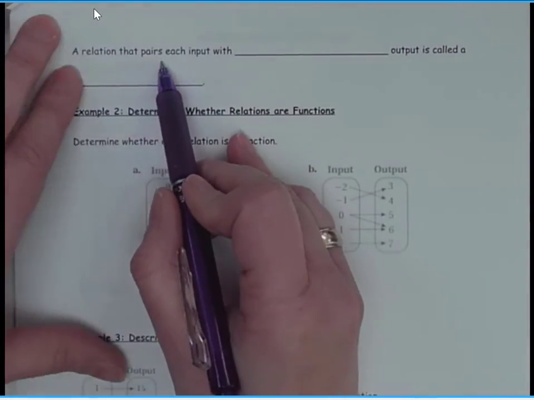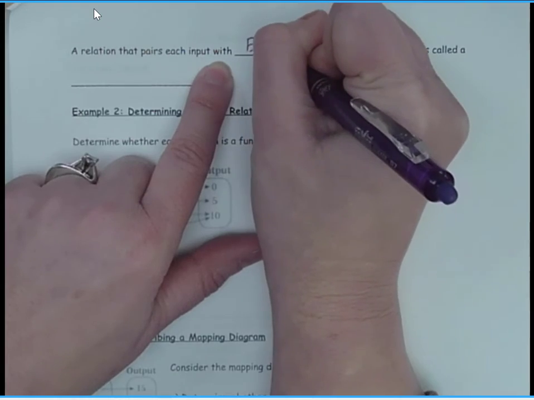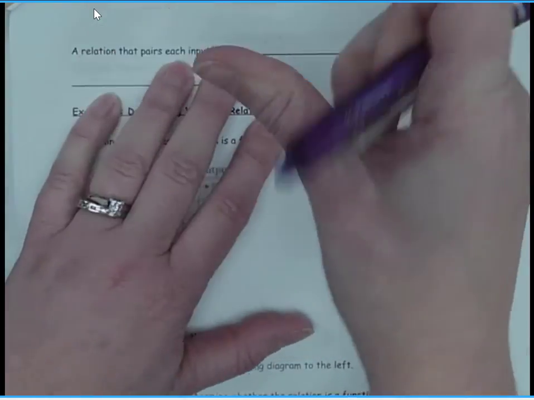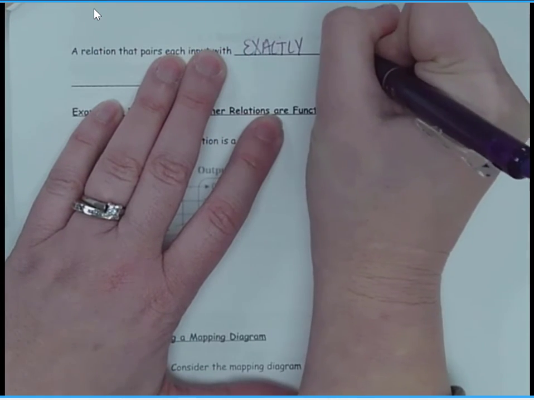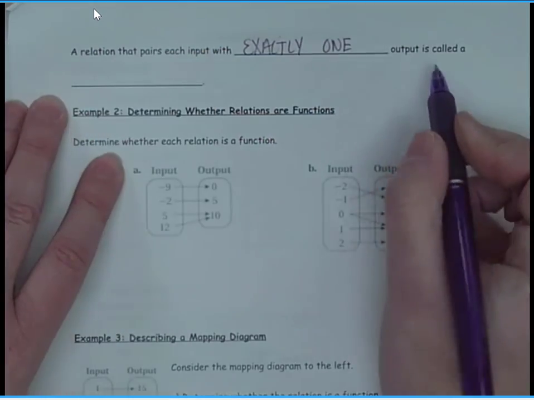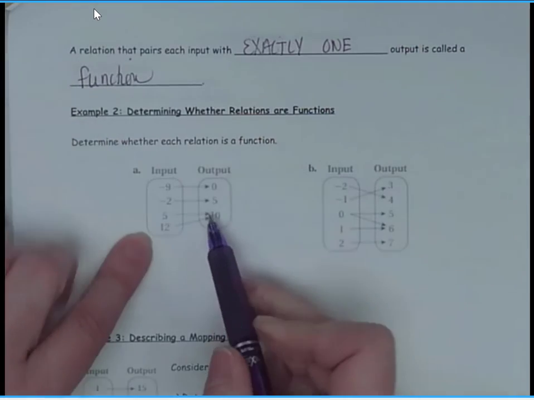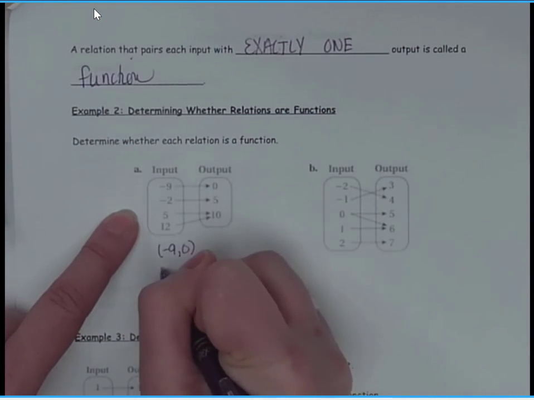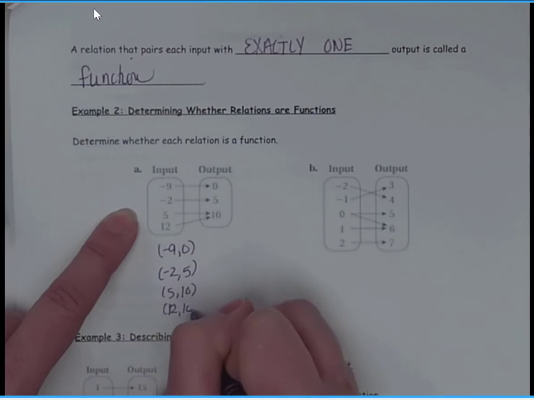So a relation that pairs each input with exactly 1 output is called a function. So are these functions? Well, if I look, I have -9, 0, -2, 5, 5, 10, and 12, 10.